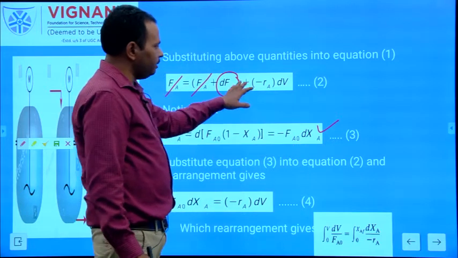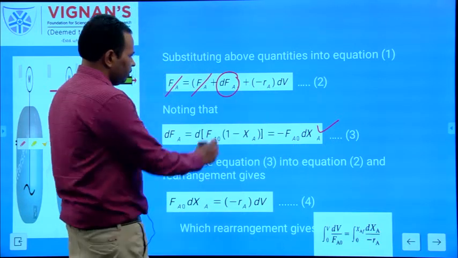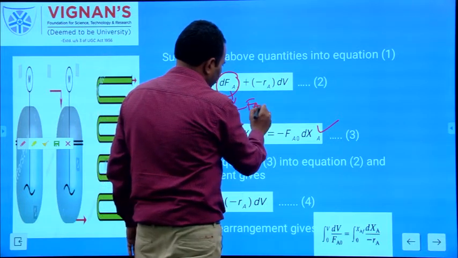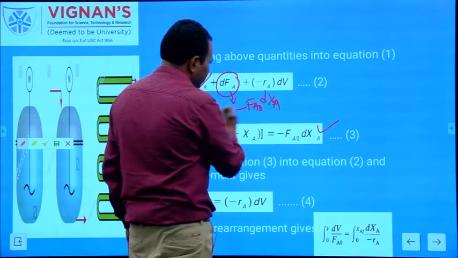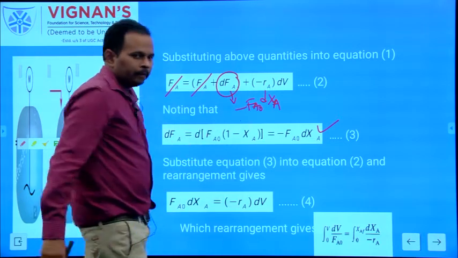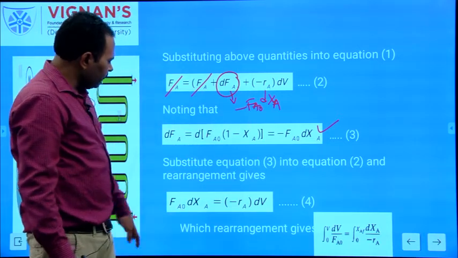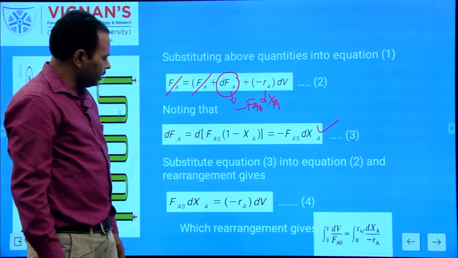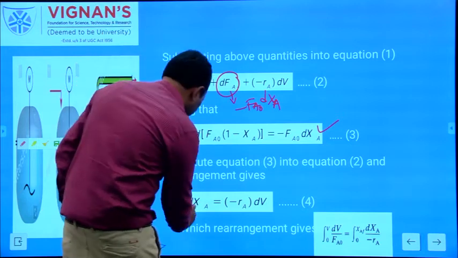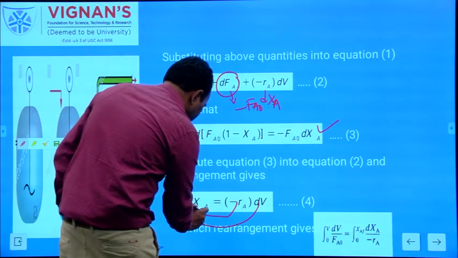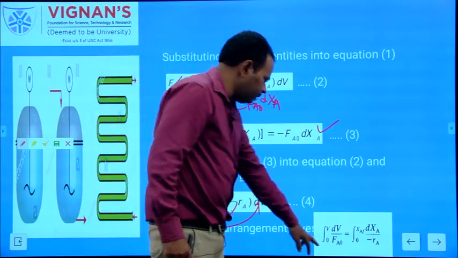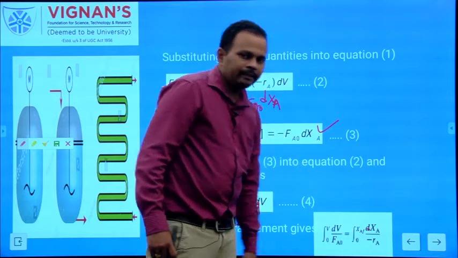Substitute back into equation 2. Then in place of dFA write minus FA naught into dXA. Now take this term to the left hand side, that becomes FA naught into dXA equal to minus RA dV. Rearranging, bring FA naught to this side and minus RA to the left hand side, and you obtain dV by FA naught is equal to dXA by minus RA.